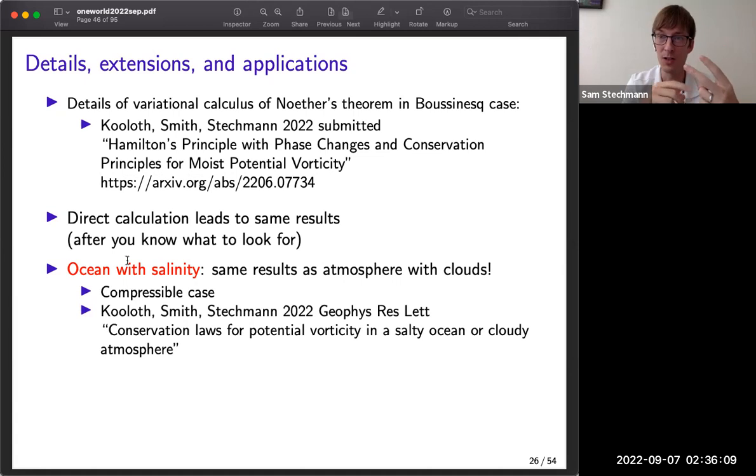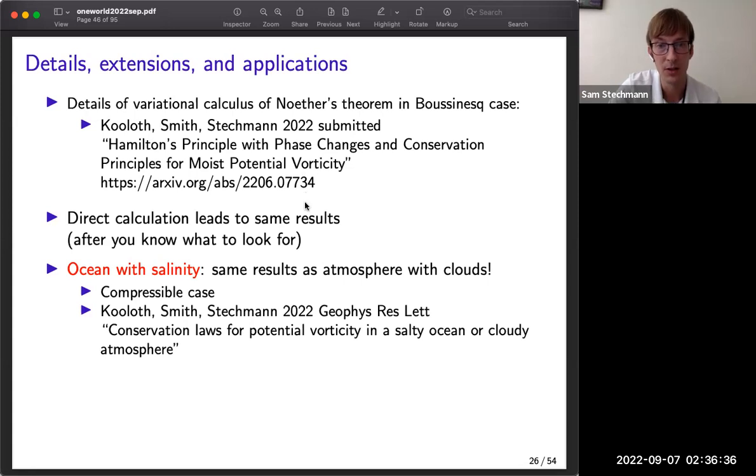For the ocean, you could just take potential temperature and salinity as your two quantities. And so all the same calculations follow through for an ocean with salinity. We mention that case, and we do this in the compressible case in this paper, which appeared online in Geophysical Research Letters.